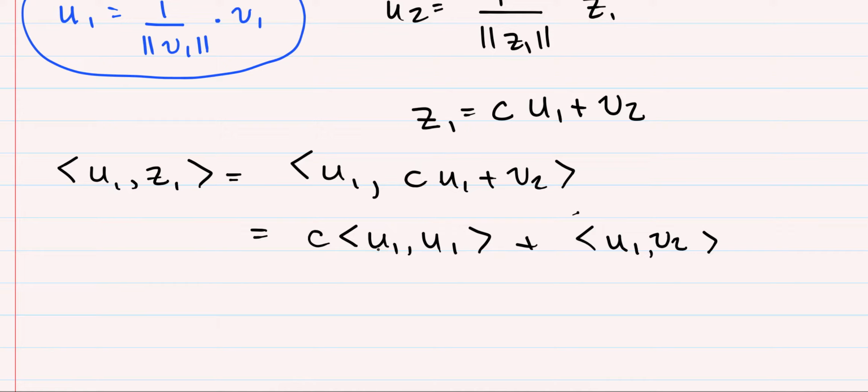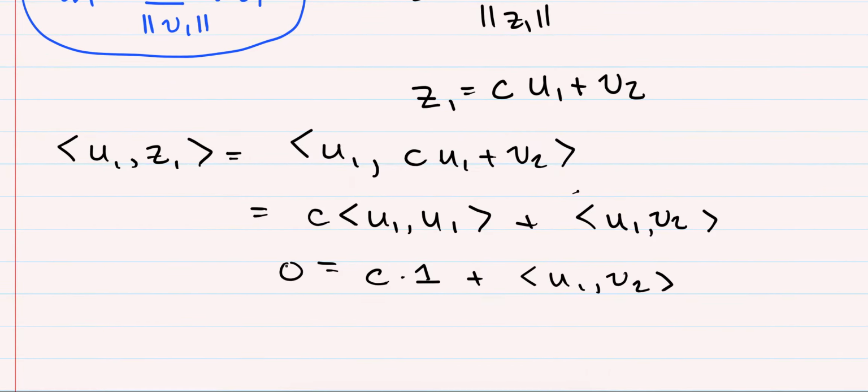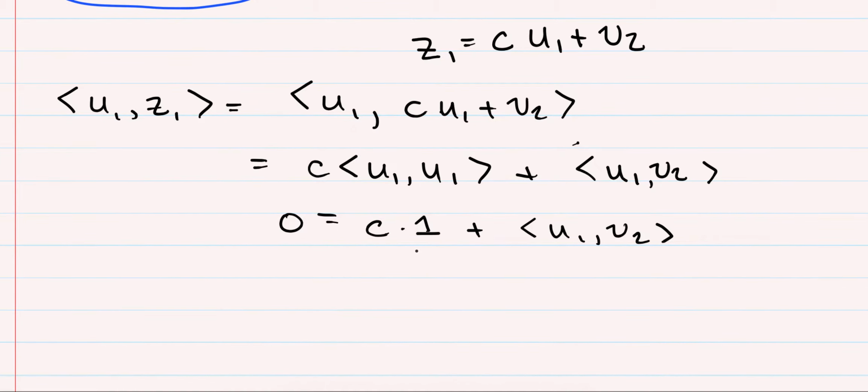And remember, the way we defined U1 is that the length of U1 is 1, so this is just equal to C times 1, or C, plus the inner product of U1 with V2. And we want that to equal 0, so now we can solve for C. C is just the negative of the inner product of U1 with V2, okay?